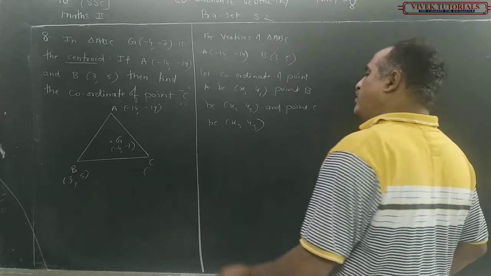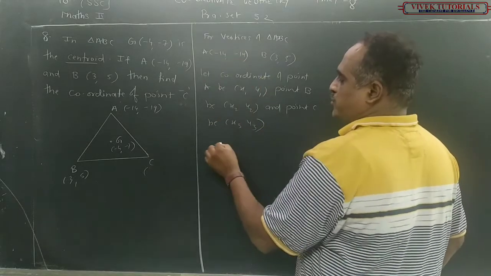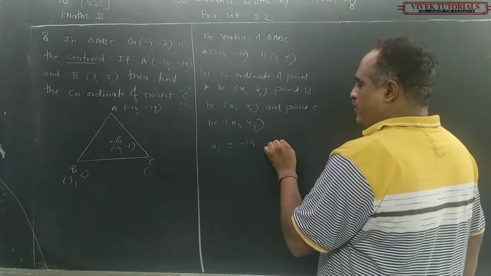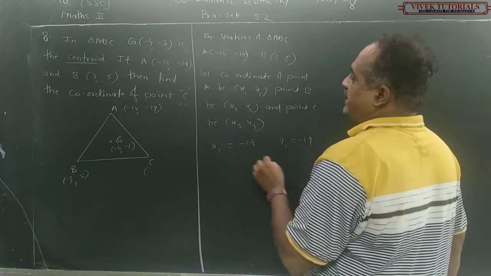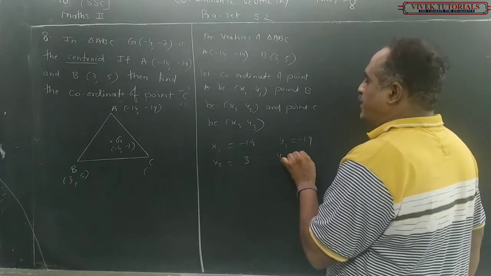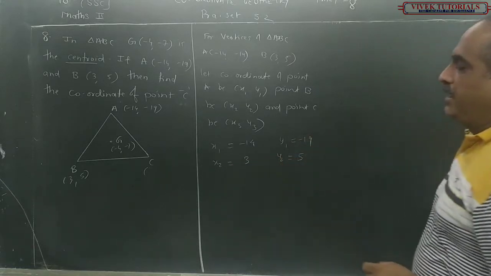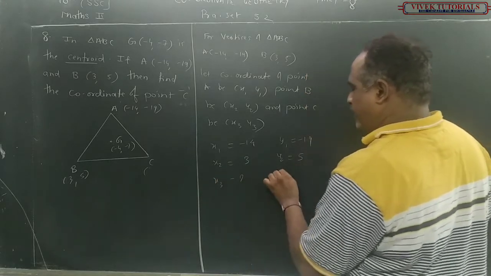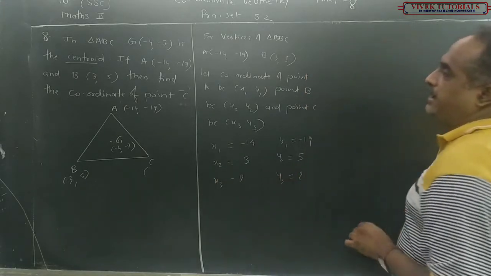Now we have only x1, y1, x2, y2. So x1 is minus 14, y1 is minus 19, x2 is 3, y2 is 5, and x3 we don't know, y3 we also don't know.